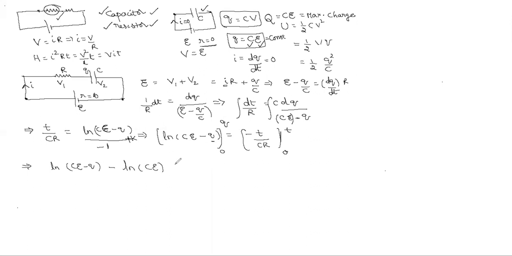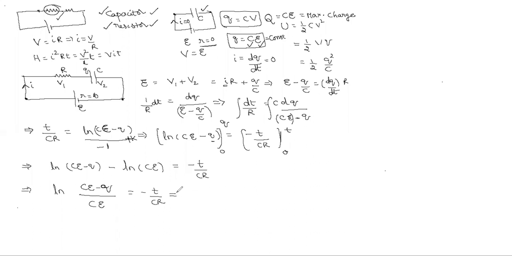Log CE minus q, first upper limit, minus t by CR minus the lower limit, which is 0 by CR, that becomes 0. So from this equation, how much do you get? This is log of CE minus q minus log CE is equal to minus t by CR.